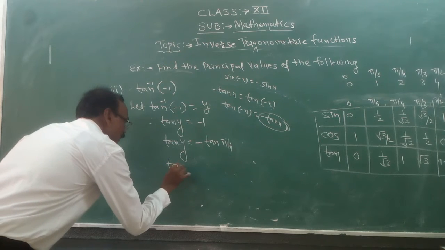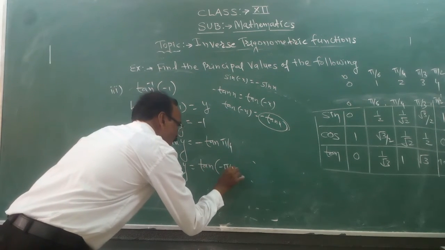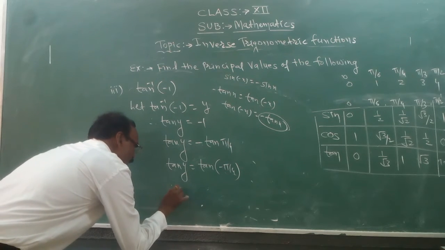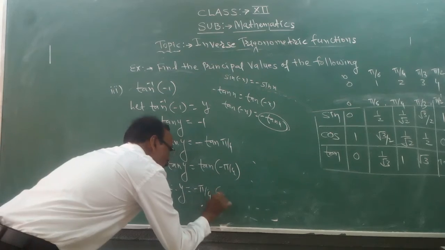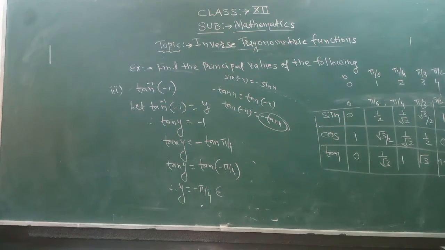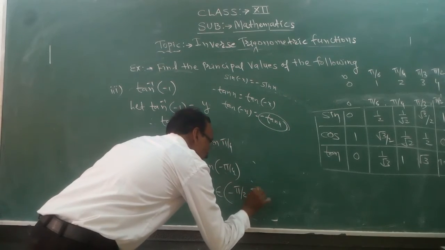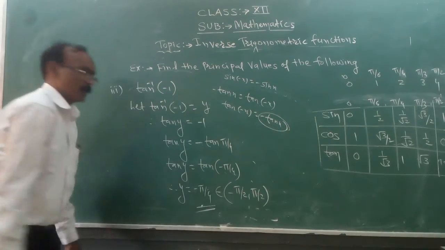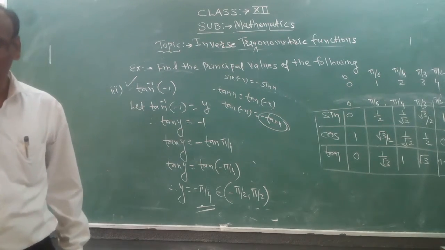So tan y equals tan of minus pi by 4. Therefore, y equals minus pi by 4, which belongs to the open interval minus pi by 2, pi by 2. Therefore, minus pi by 4 is the principal value of this inverse trigonometric function.